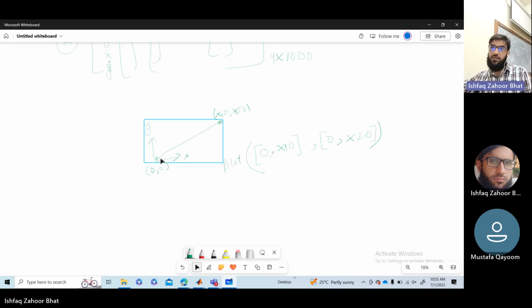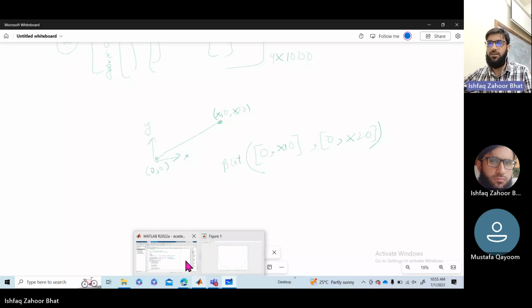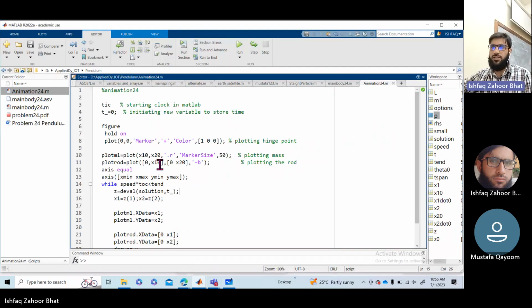But see, this line will be plotted only between these two points. When the mass falls, these x10 and x20 will change, as we will see. Yes, they will change. So this will plot a line between these two points, and we want this line to be black.